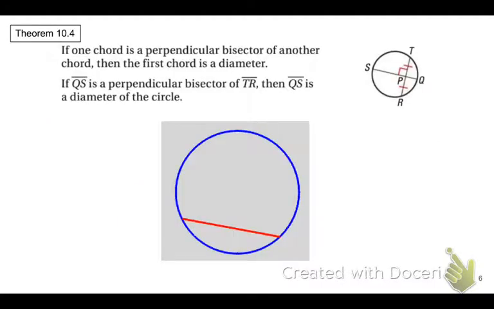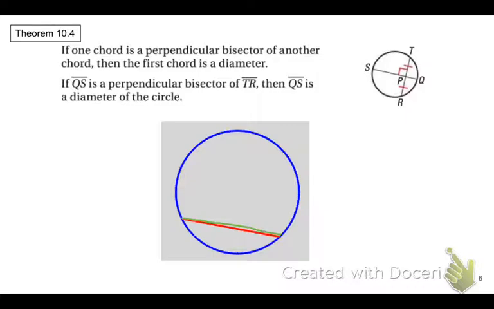Now we're going to go to our theorem 10.4. This one's a little tricky to understand. If one chord is a perpendicular bisector of another chord. So here we have a chord.